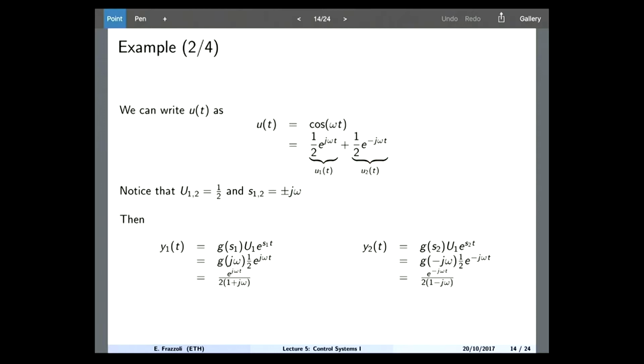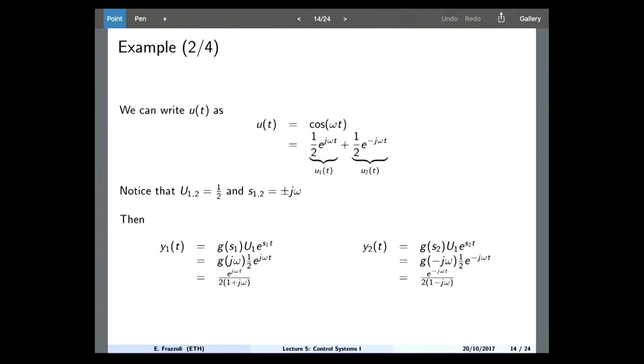So then what is the response to the hypothetical first part of this input? The coefficient by which I multiply the input is 1/2, and s1 is plus j omega. So I have to compute g of j omega times 1/2 e to the j omega t.